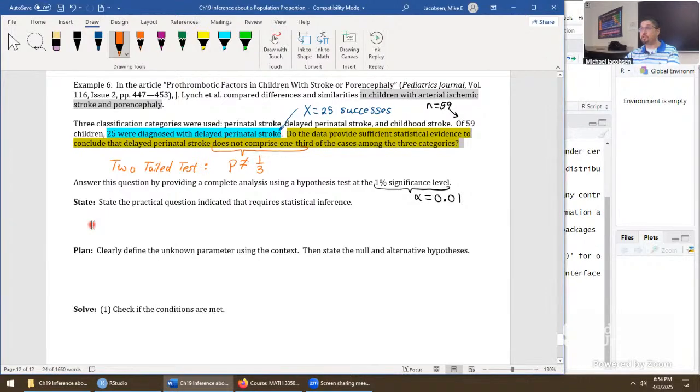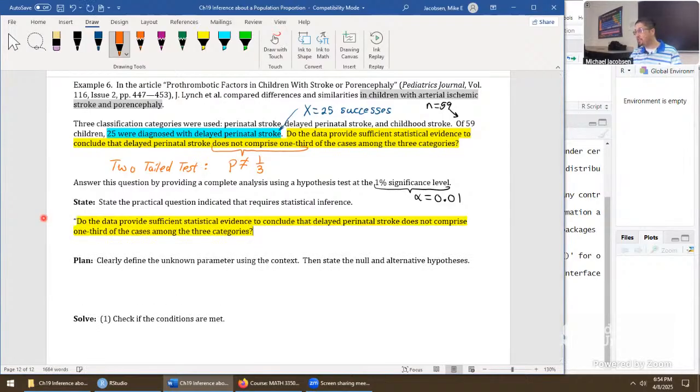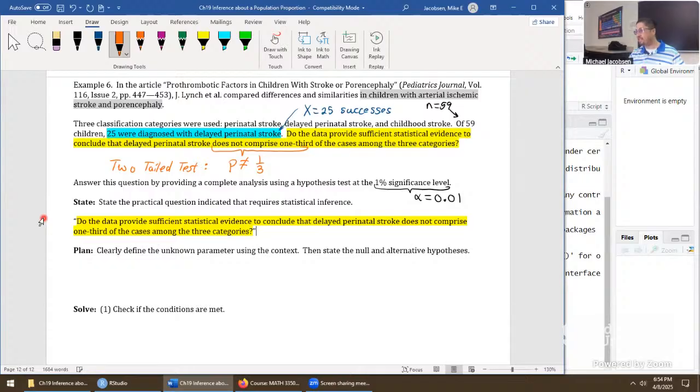You can put it in your own words, or you're always allowed, even on an exam situation, say a take-home final exam, to just indicate it this way, highlighting it all. Why not? That is the actual practical question of the problem, so we can just drop it down right there. Any questions at the moment with going that route?